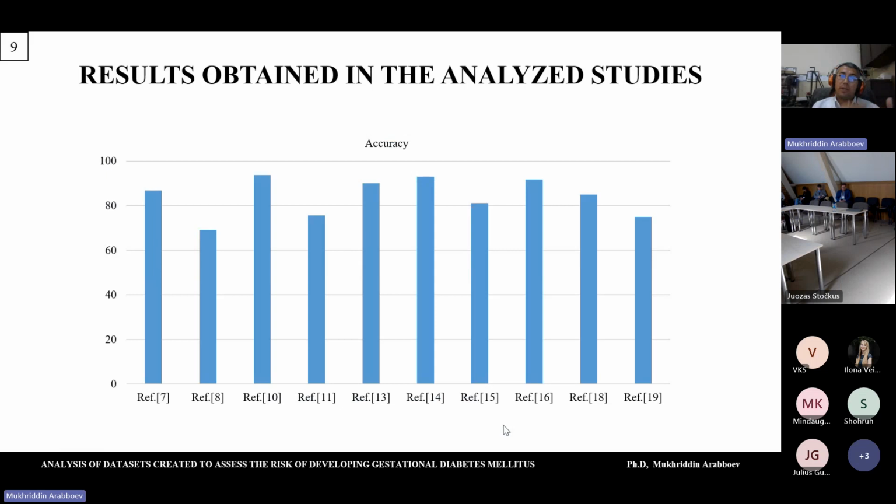If we compare the results on accuracy with each other, reference 10 had the highest result and reference 8 had the lowest result. The results of reference 11 and reference 19 are close to each other. Also, results of reference 10 and reference 14 are close to each other.